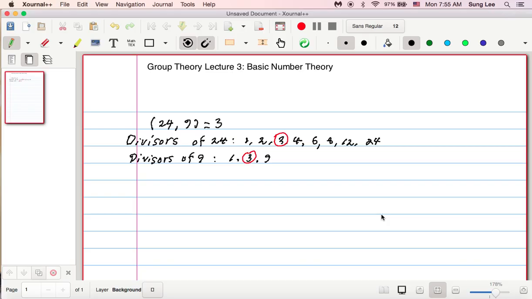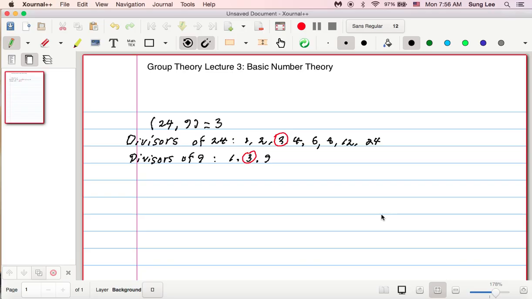If we get down to a smaller pair of numbers which gives us the same GCD as the original pair, then of course we are playing with a pair of smaller numbers, so it is easier for us to find the GCD. Okay, so that's the idea.